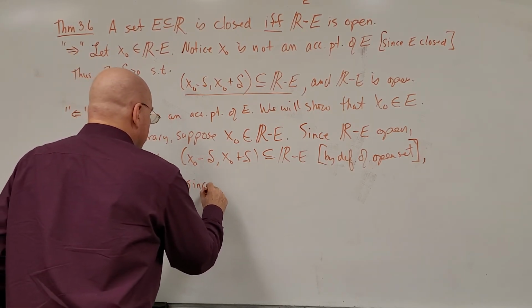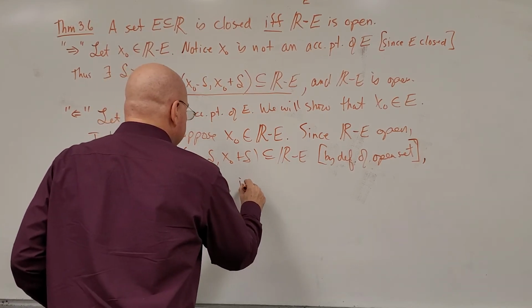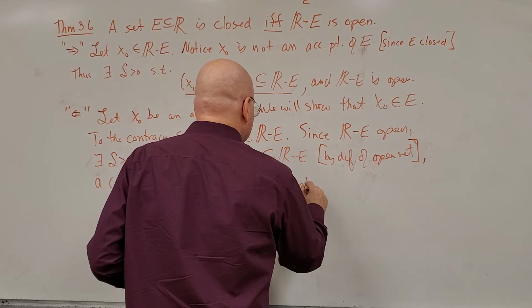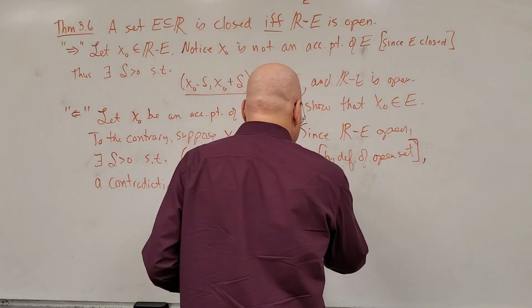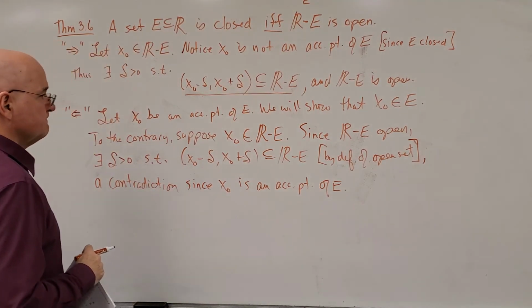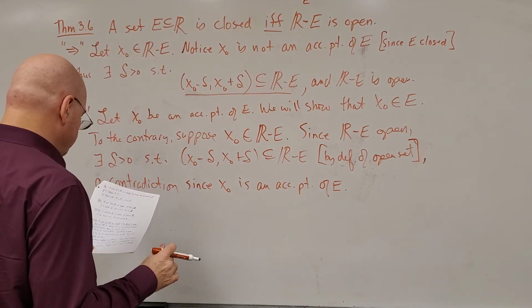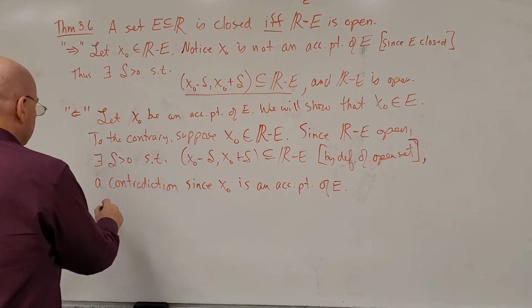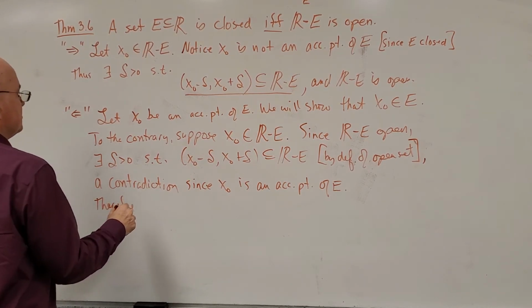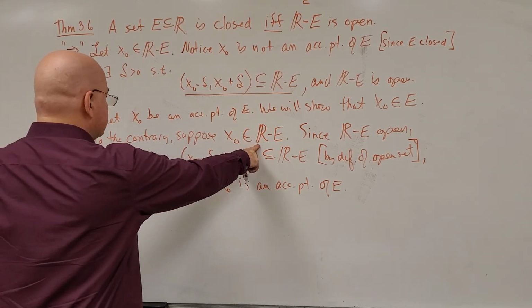And that's a contradiction, since x naught is an accumulation point of the set E. Therefore, that contradiction means this is false.